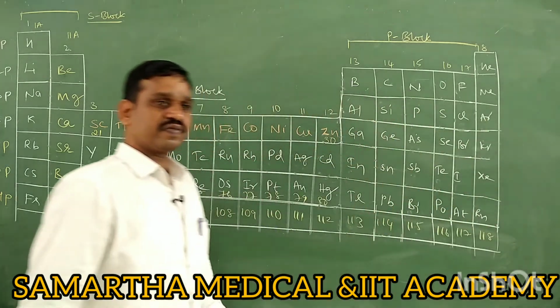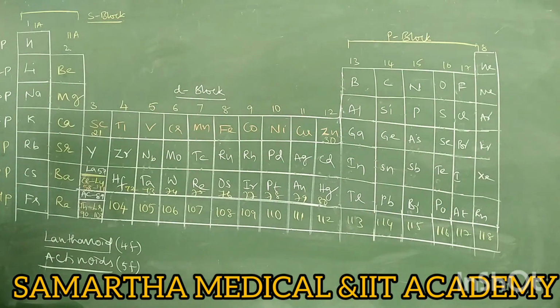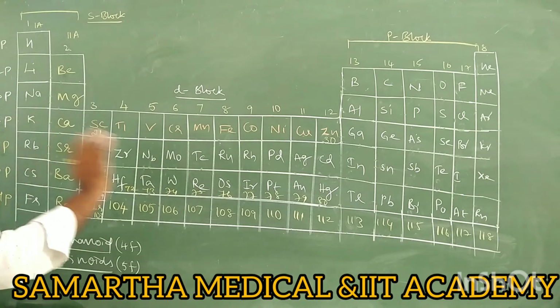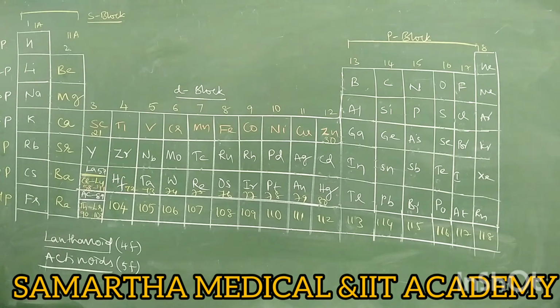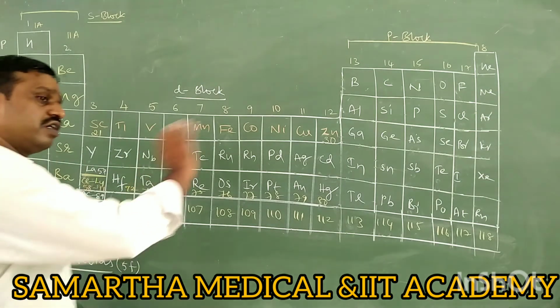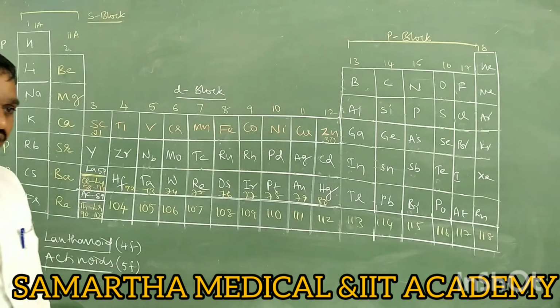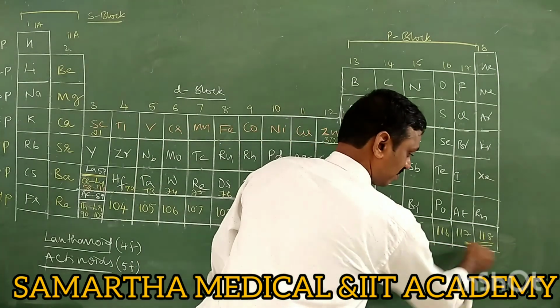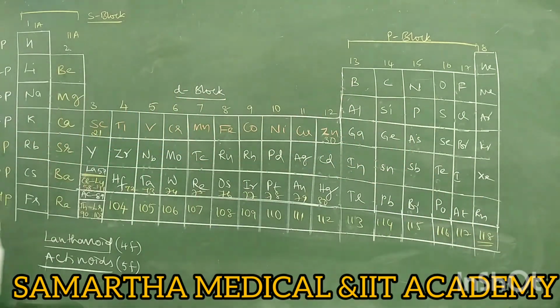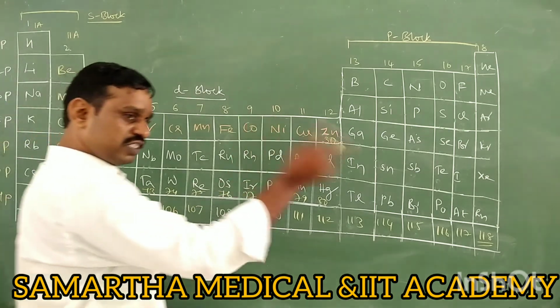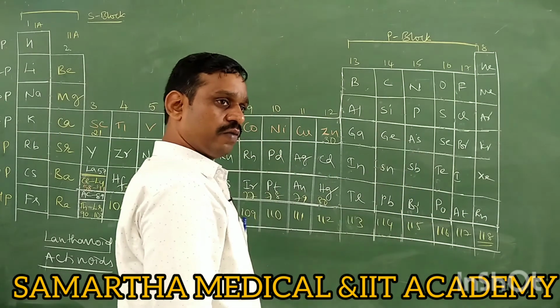Now one question. Imagine in the periodic table all elements are discovered. What would be the last element in the periodic table? If that is possible, this is the atomic number.